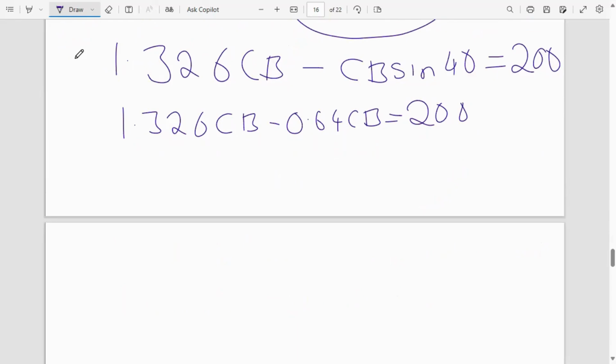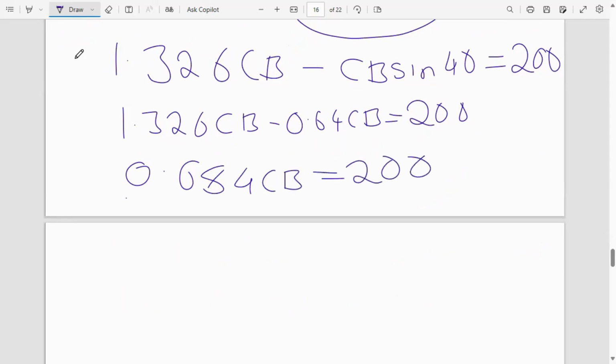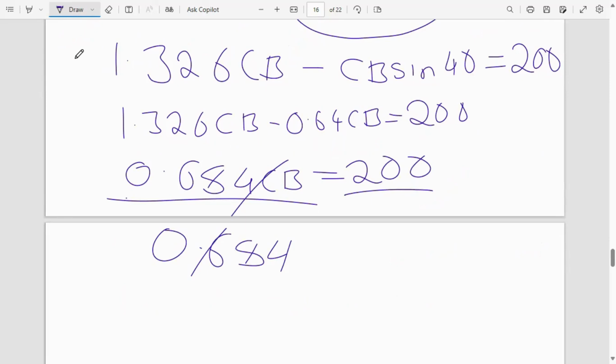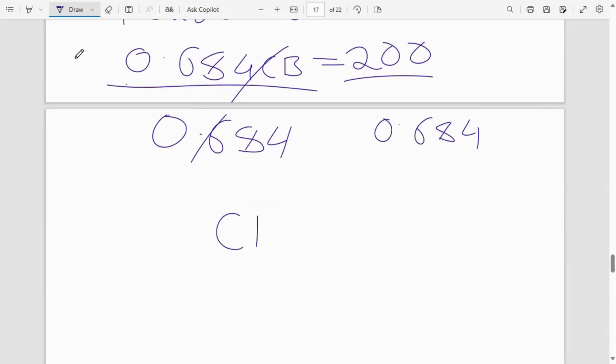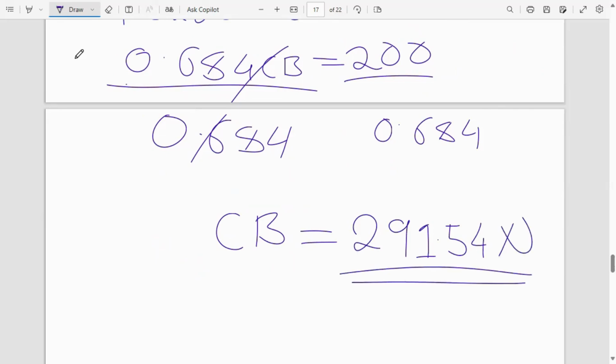If I subtract those two, I get 0.684 CB being equal to 200. Divide both sides by 0.684. This will cancel out. I'll get my CB, which is the tension CB, being equal to 291.54 newtons. That is my tension CB.